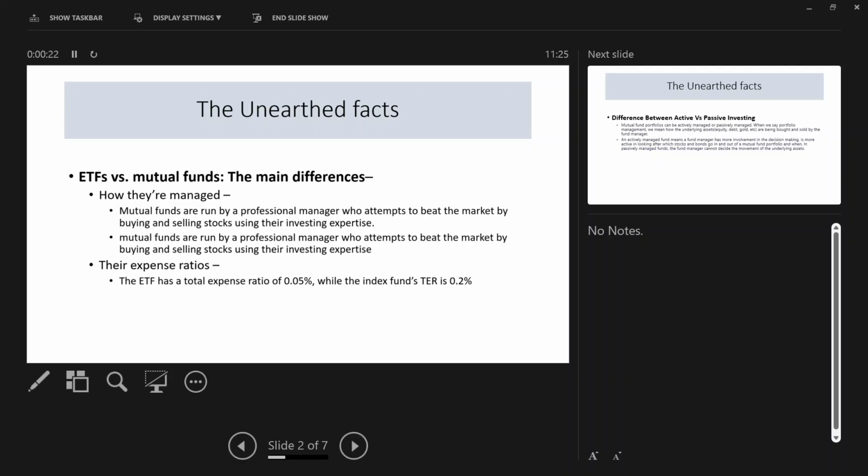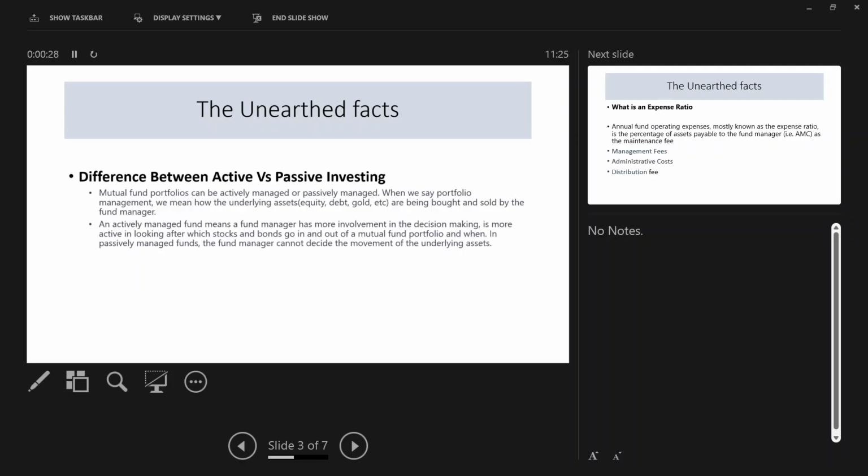There is a 0.15 difference, and we'll understand why, but keep the number in mind for now. This one we discussed: there are two ways to approach the market. One, they create their own mutual fund, led by some sort of expert.